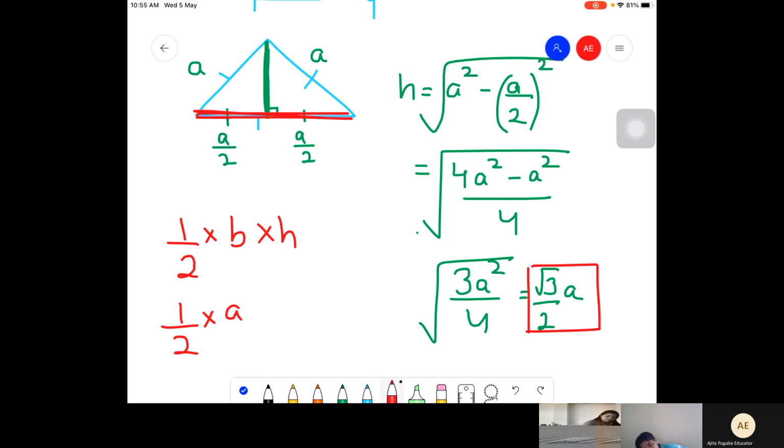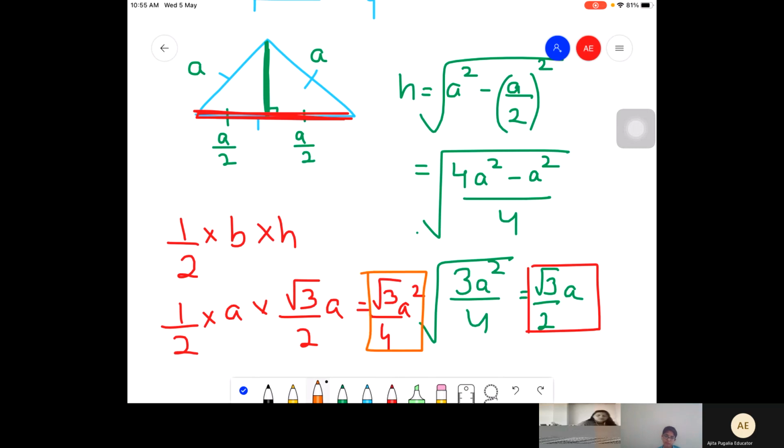Height I figured out is root 3 upon 2 a, which eventually becomes root 3 upon 4 a square. So for an equilateral triangle, it's a derived formula that rather than going to Heron's formula, you can always say root 3 upon 4 a square since all the sides are equal. We can directly use this formula which has been derived by our mathematicians.